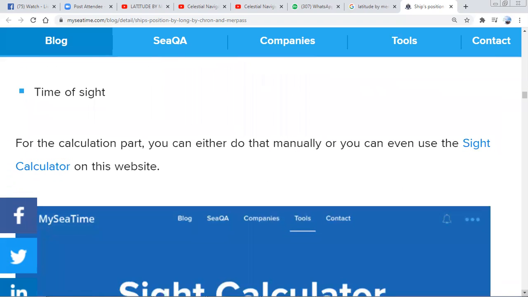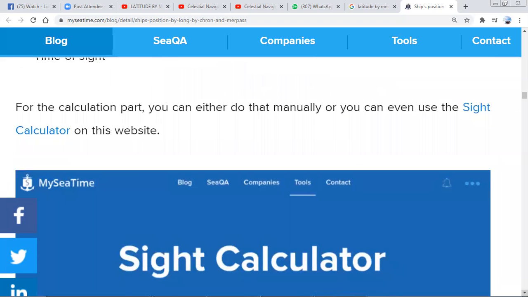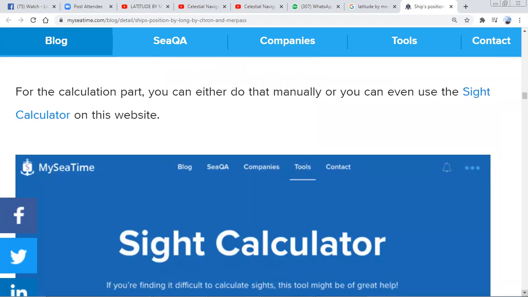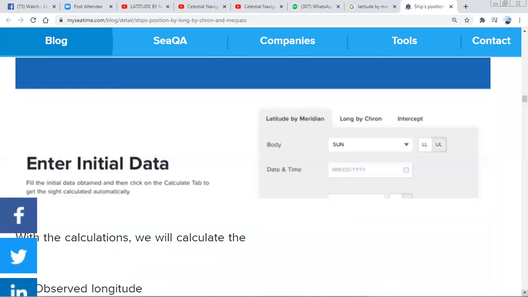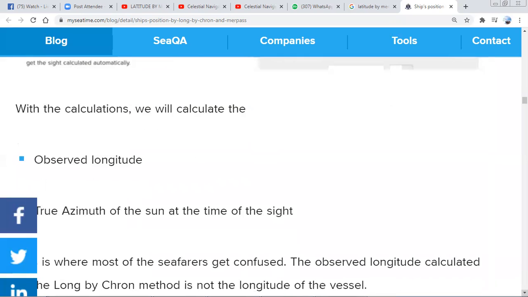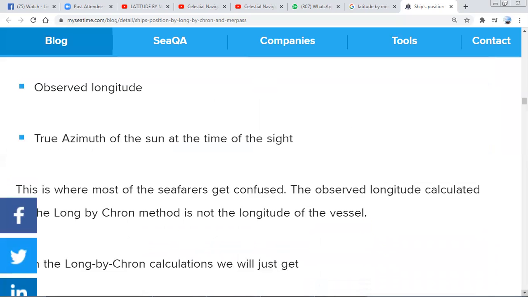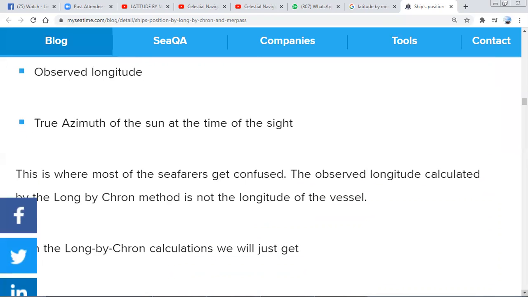These are the things we need to know. For the calculation part, you can either do it manually or by scientific calculator. So we need the observed longitude and the true azimuth of the sun at the time of the sight.